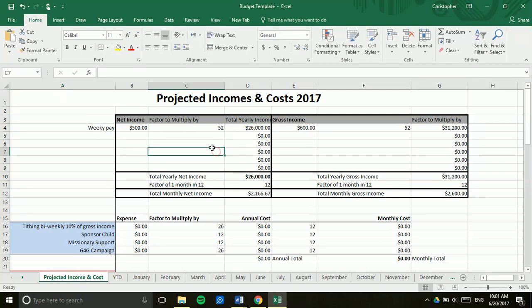These are basically a product of this cell and this cell, so the weekly pay times the factor equals the yearly. These will all total yearly net income. Then it divides it by 12 to give you your total monthly net income, projected obviously. And here's your total monthly gross income, same kind of thing.